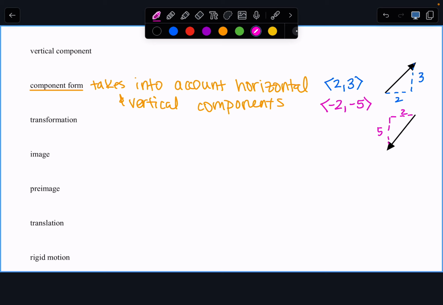Now, we are going to talk about a transformation. Over the next week, today, tomorrow, Thursday, we're going to learn about 3 different types of transformations.